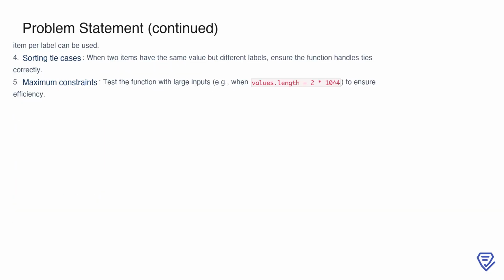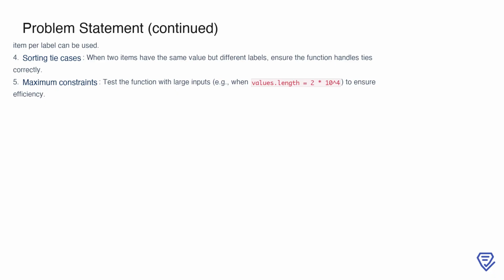When solving this problem, there are several constraints and edge cases to consider. First, the lengths of values and labels are always equal, and both arrays can have up to 20,000 elements. Each value and label is non-negative and bounded by 20,000. Additionally, the constraints on numWanted and useLimit ensure that they are at least 1 and at most the length of the arrays.